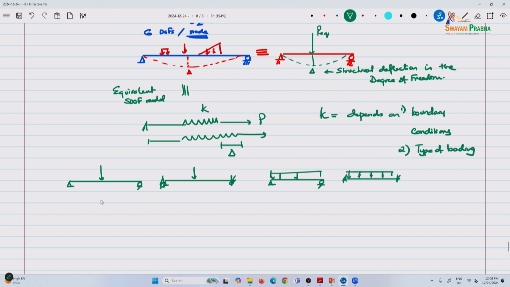All of them will have a different stiffness. You're all familiar with this, right? Calculate from your deflection equation, and so these are coming from analytical expressions of your deflection equation.